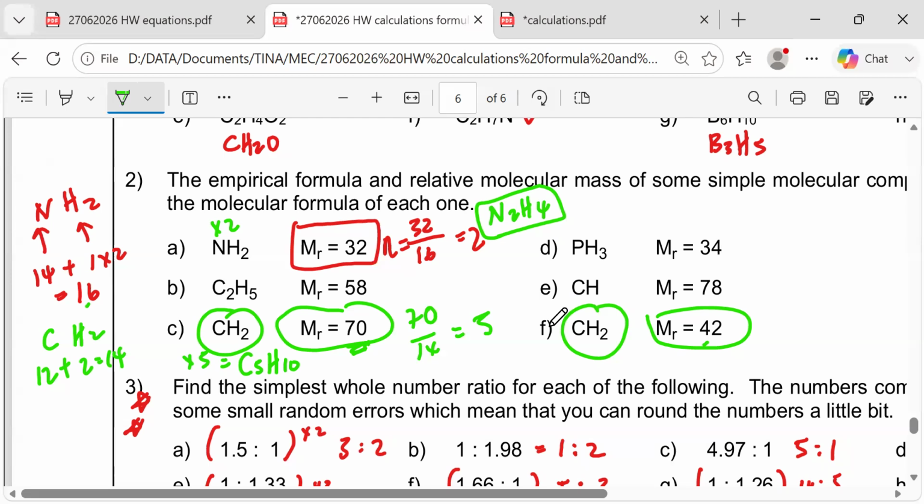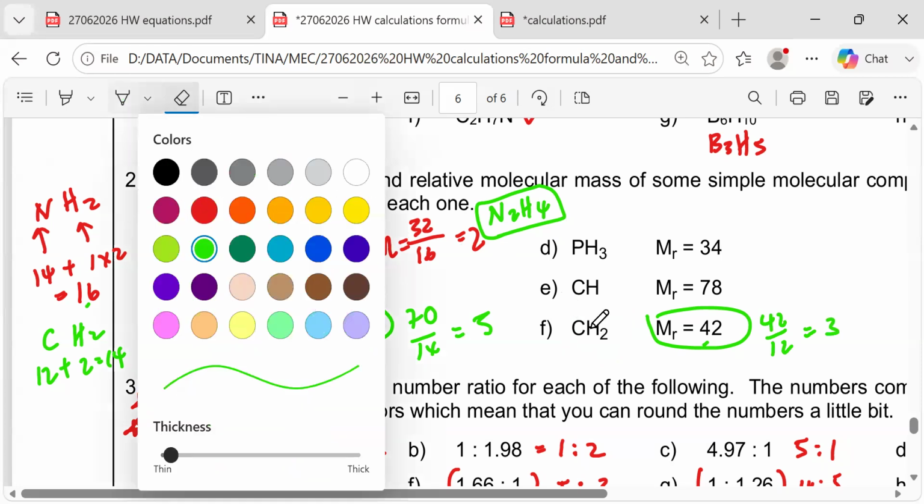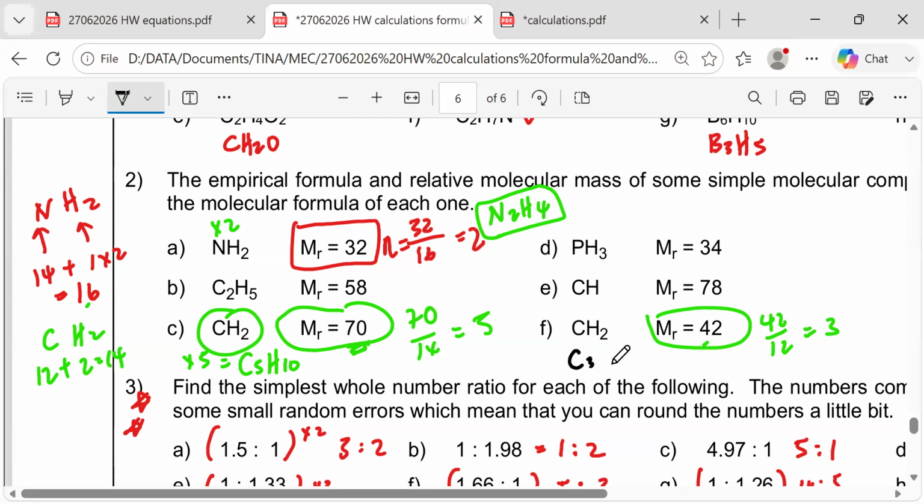Okay. So this one, 42 divided by 14, you get 3. So it is C3H6. Right? This one is 78 divided by 13, you get 6. Correct? So it's C6H6.